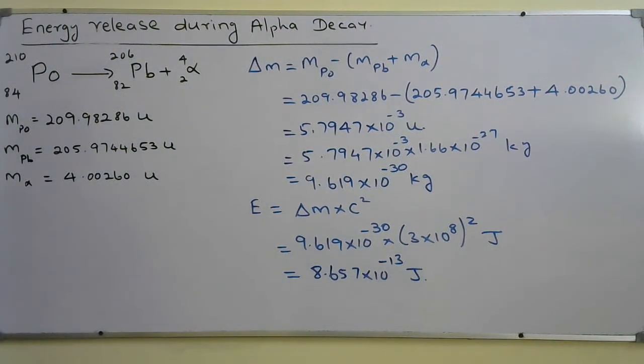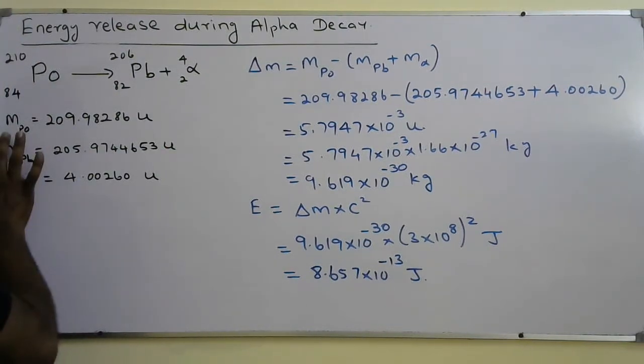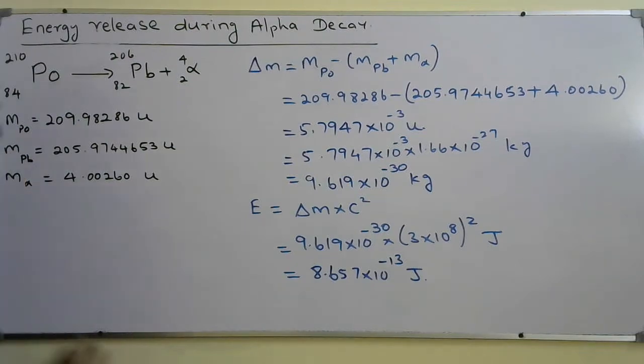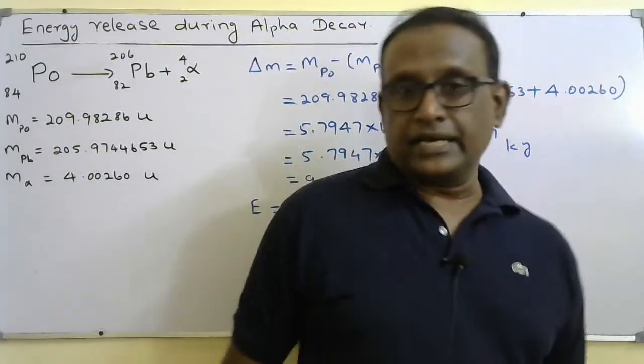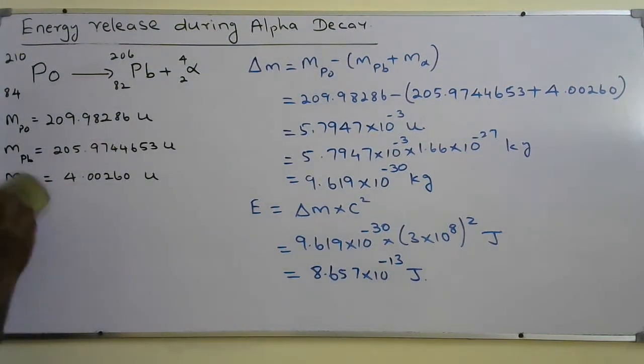This is the first method, in terms of mass deficit. What can we find if we are given binding energy? So here what is given? The given data is the mass of the polonium, the mass of the Pb and the mass of the alpha nucleus. Masses are given, but they can give the binding energy of each of these nuclei also.